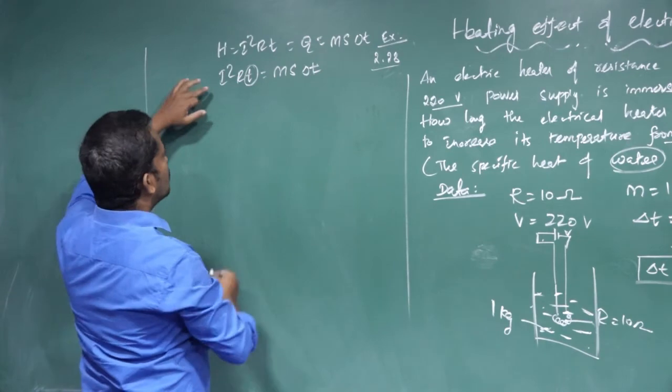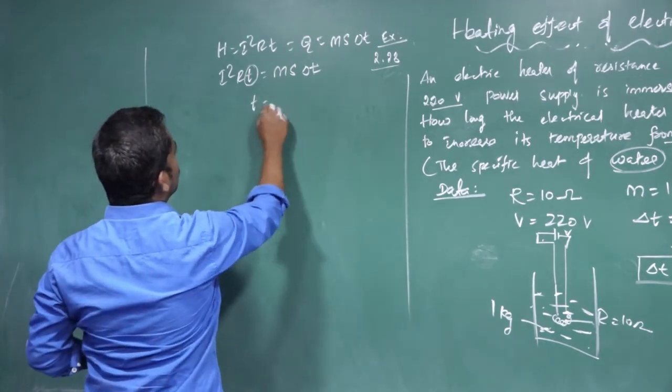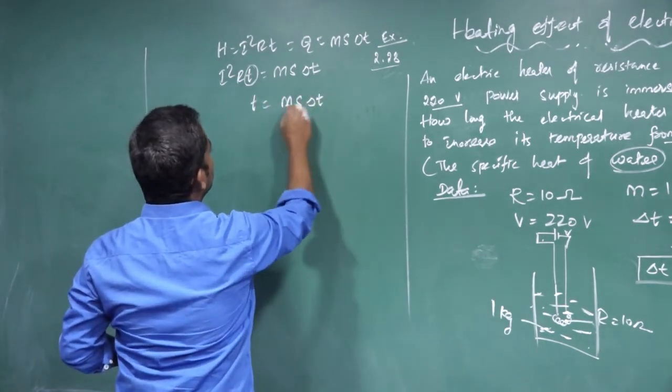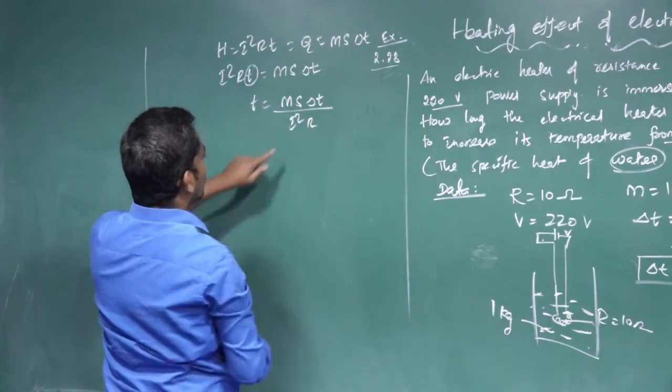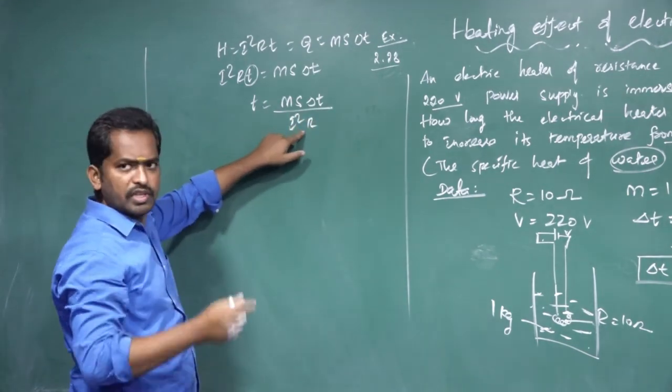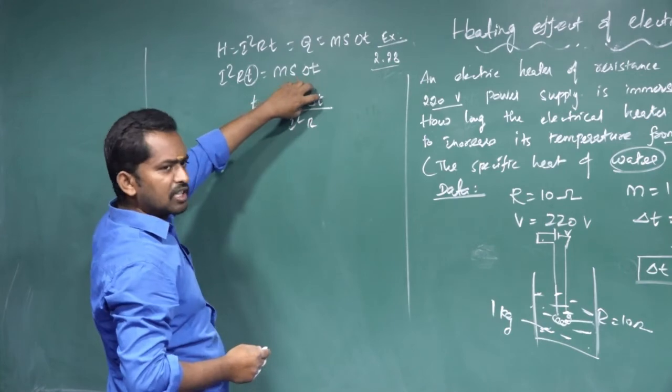So T is equal to Ms del T divided by I square R. I square R is nothing but the heat energy produced in 1 second. Ms del T is nothing but the total energy.